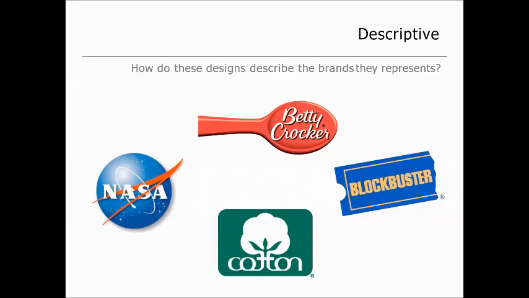NASA has a logo which is very idealistic, because it has a solar space in it. Cotton, when you say cotton, it also represents some kind of fabric because the brand is cotton.